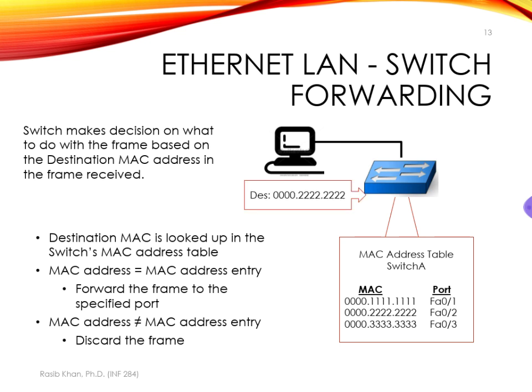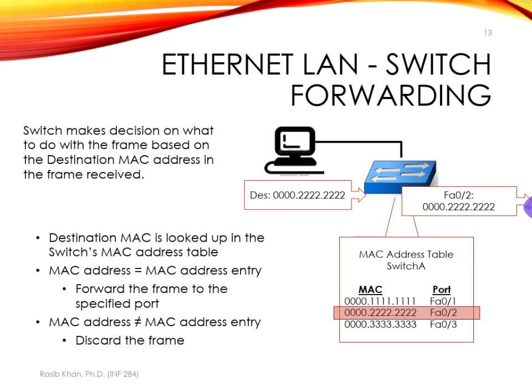Let's say a source sends a frame over to a switch with a destination, mentioned in the example here as 0000.2222.2222. The switch then looks it up in its MAC address table and finds that this destination can be reached if the frame is forwarded out through port FA0/2.